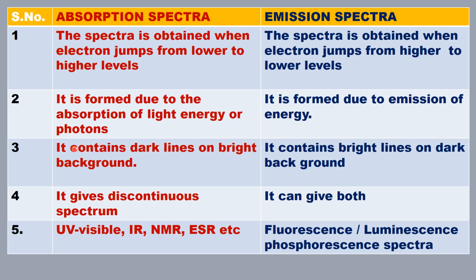Now, when several wavelengths or frequencies of light are passed through an organic or inorganic compound, a few of the wavelengths matching the energy difference are absorbed, and the rest of the light is transmitted. So you have a bright background and it contains dark lines.